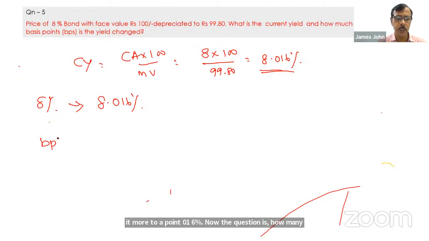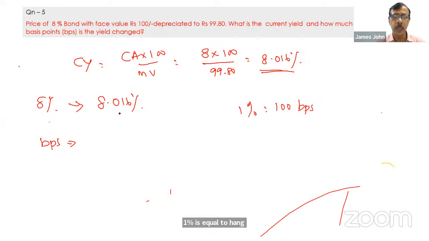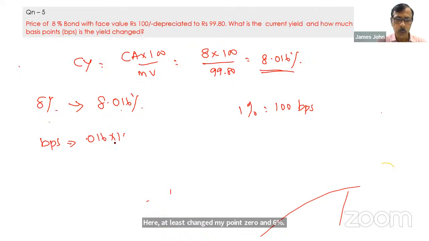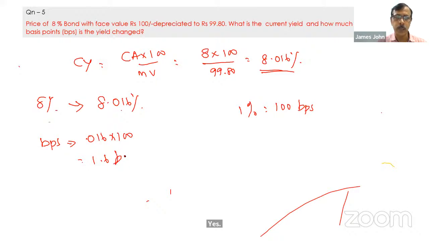How to calculate the basis points? The relationship: 1% is equal to 100 basis points. So here the yield is changed by 0.016%. How many basis points? 1.6 basis points.